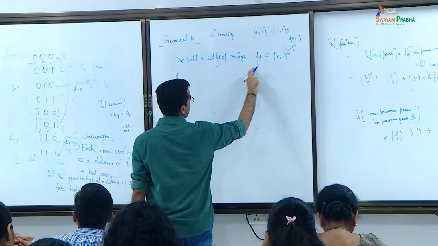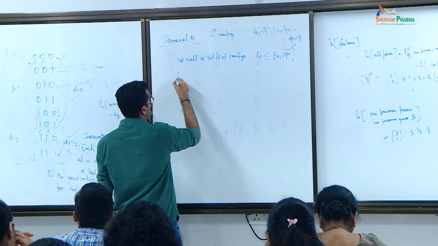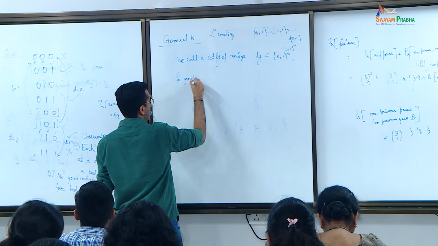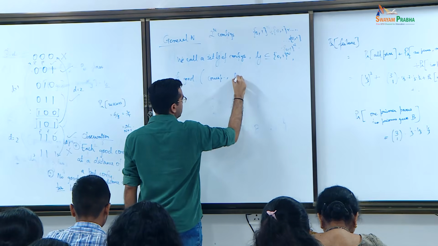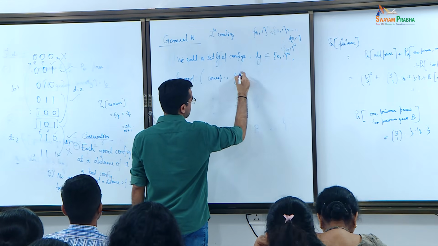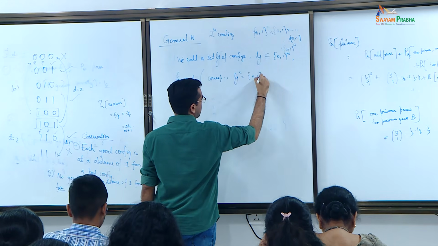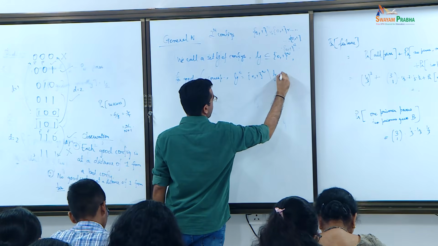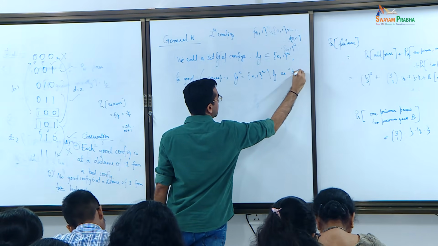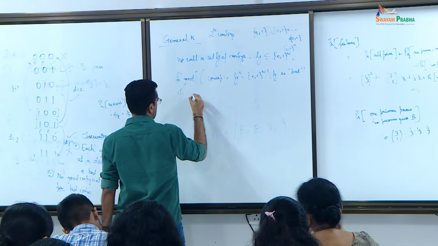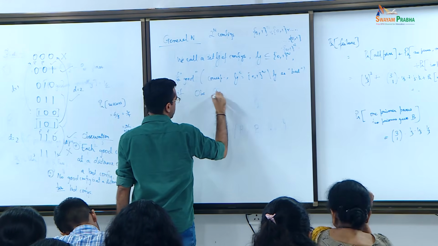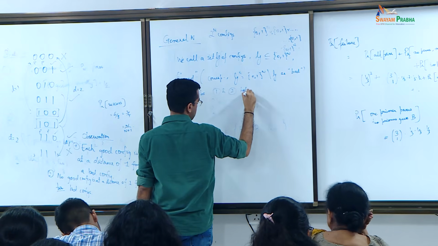So we call a set G of configurations as good, and correspondingly G complement, which is really 0, 1 to the n minus G, as bad, if these two observations, observations 1 and 2, hold.